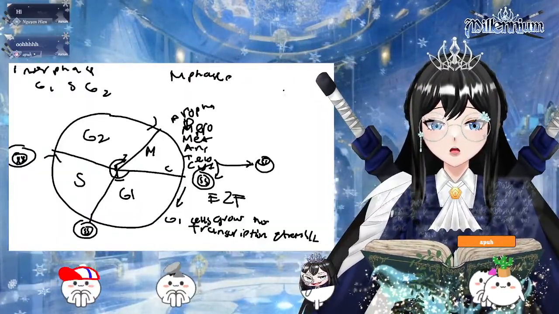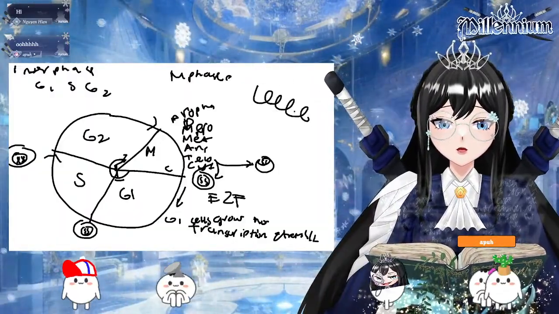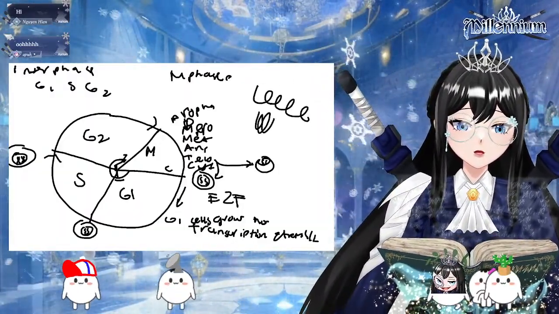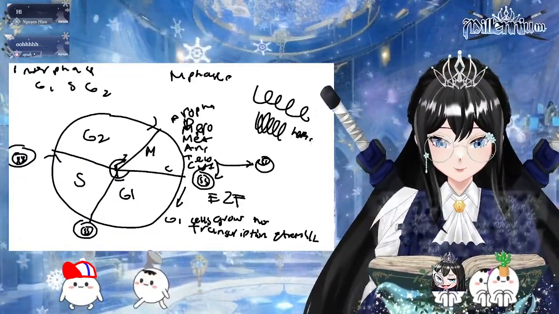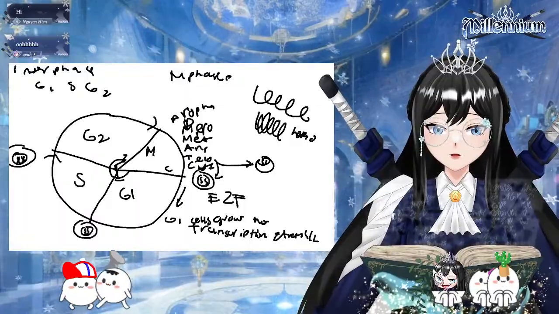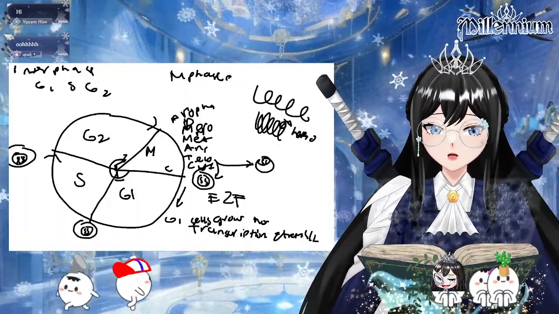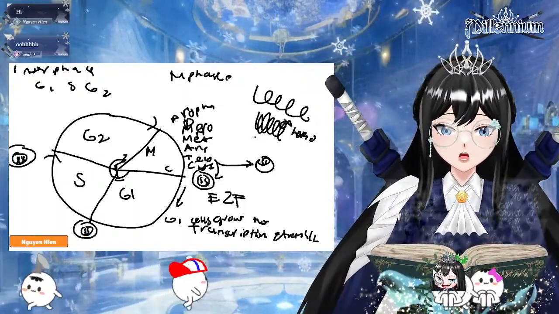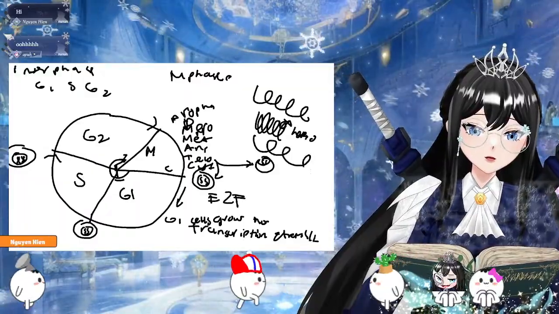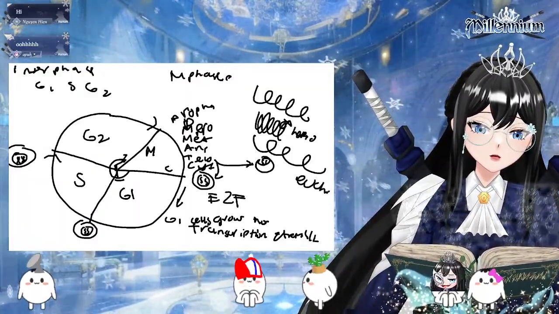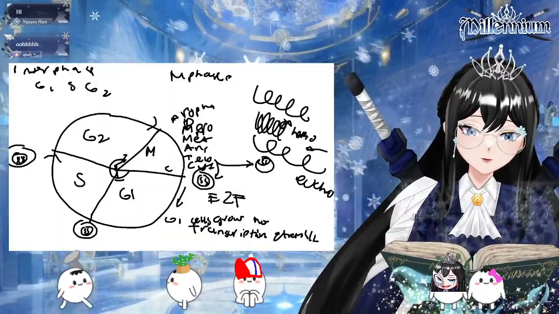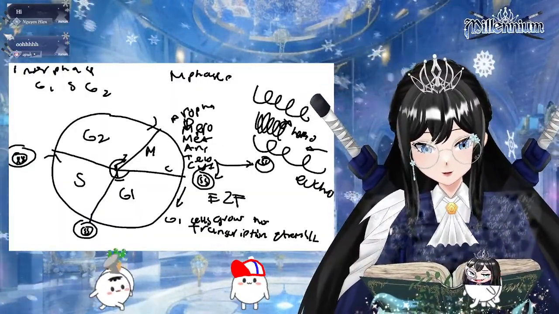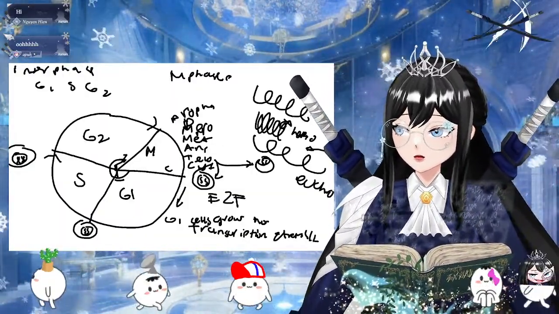If the chromatin is too bunched up, this is heterochromatin, it's too condensed, you can't have factors coming in because it's too tight. Meanwhile, if it's euchromatin, you can put in some factors there that will help the cell cycle move forward.